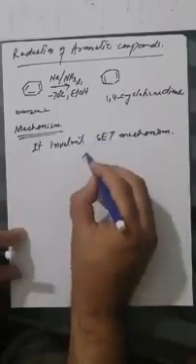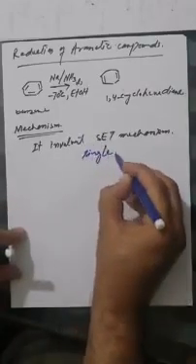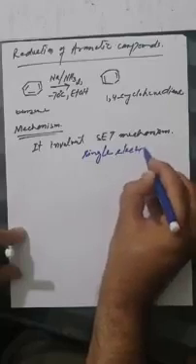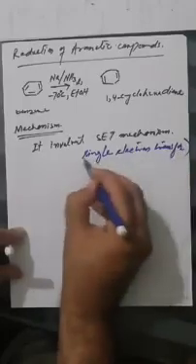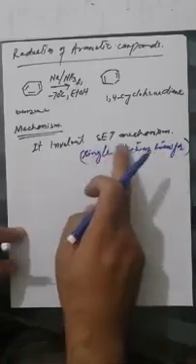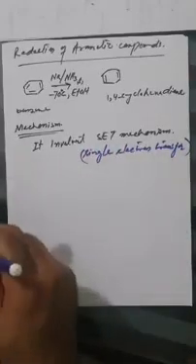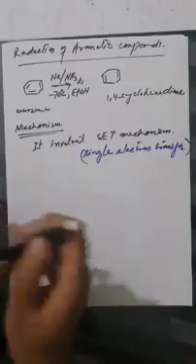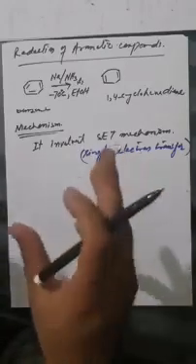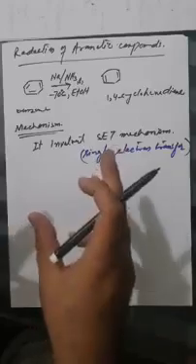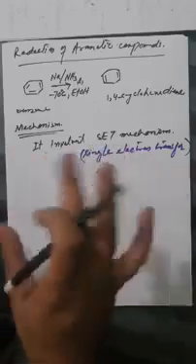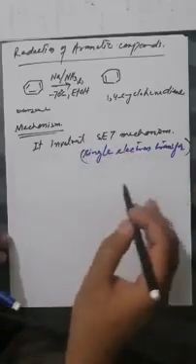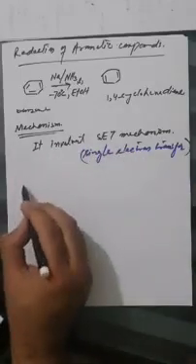SET stands for single electron transfer mechanism. As I have already explained, the Birch reduction is actually a pool of electrons scattered inside the liquid ammonia solution. So what happens?